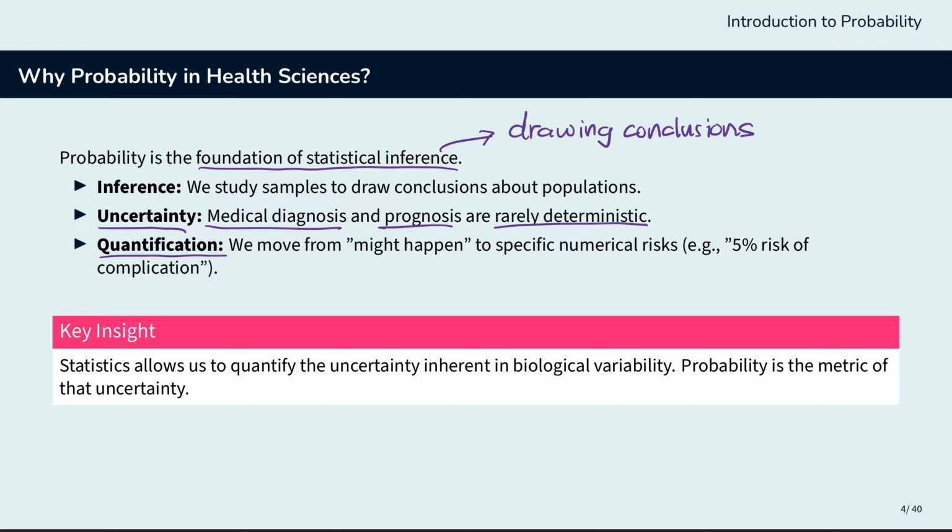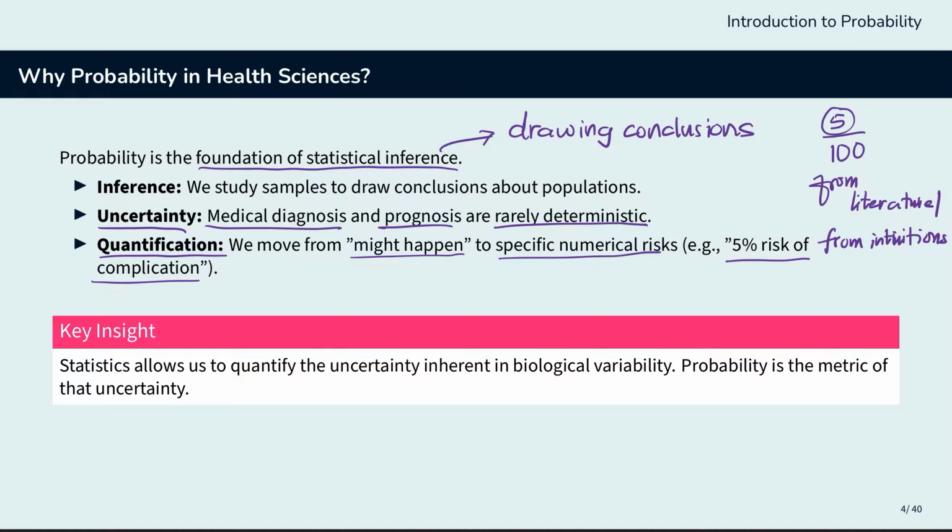Third is the concept of quantification. Here we move from what might happen to a specific numerical risk. For example, if a doctor says there's a 5% risk of complication, it means that out of 100 patients who might have had that procedure, 5 might have gotten complications. This would be from the literature, or sometimes from the doctor's intuition itself, which brings us to the concepts of subjective and objective probability, which we'll discuss in the coming slides.